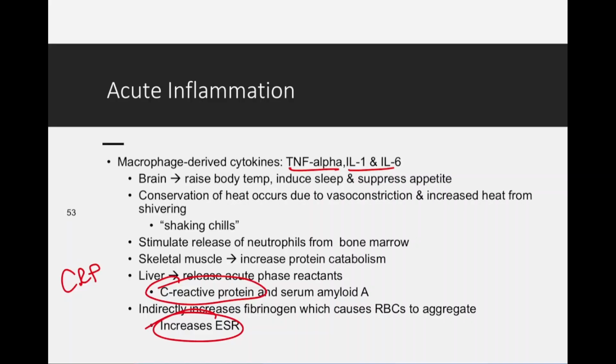So we draw these labs. If someone comes in, we want to know, is this inflammatory or is it infectious? Start thinking of that as well with your patients when you start seeing them. Is this an infectious process that they're here for, or is this an inflammatory process? They can be both, but your job is to figure out what's going on with your patient.